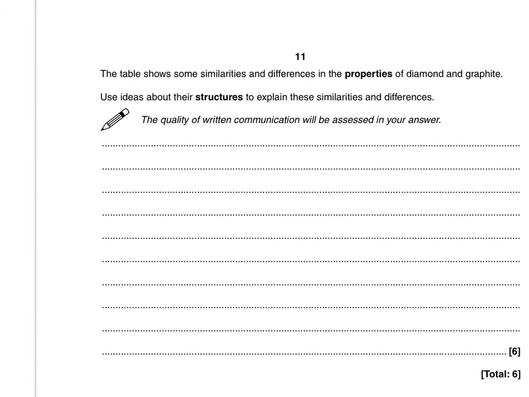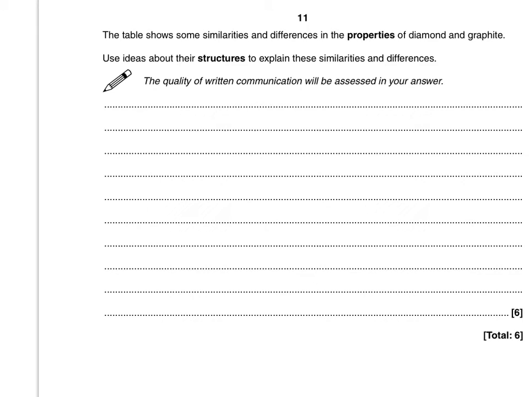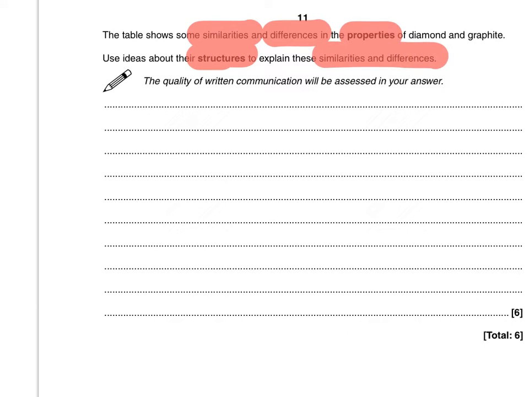And what you've got to do, again, question over the side, annoying. The table shows some similarities and differences in the properties of diamond and graphite. Use ideas about their structure to explain these similarities and differences.